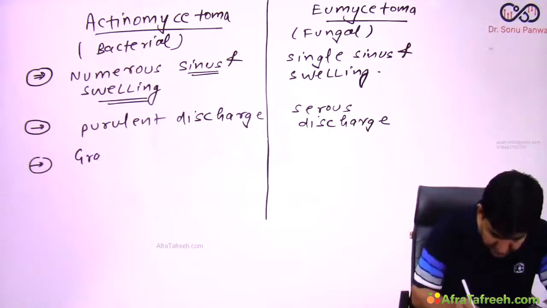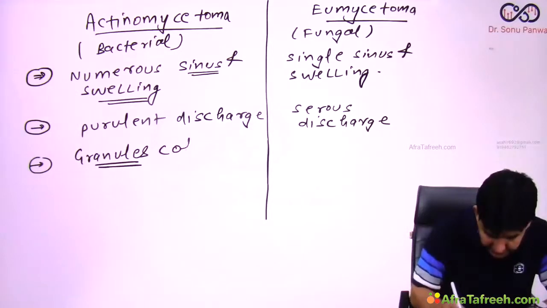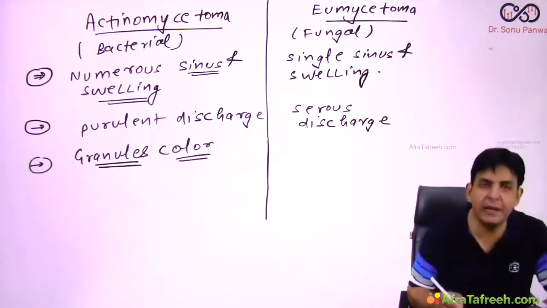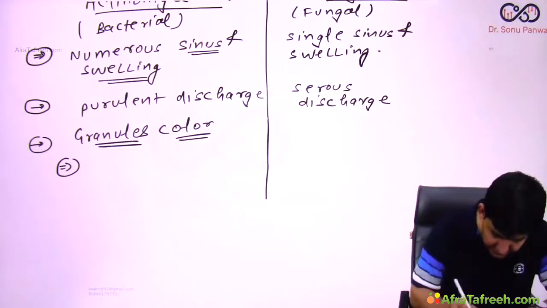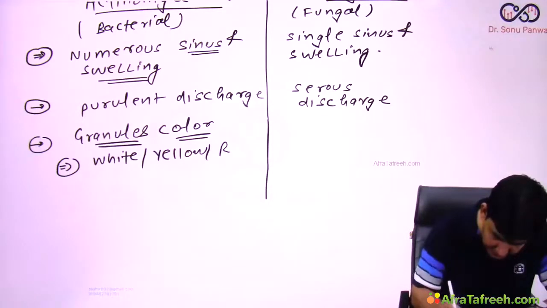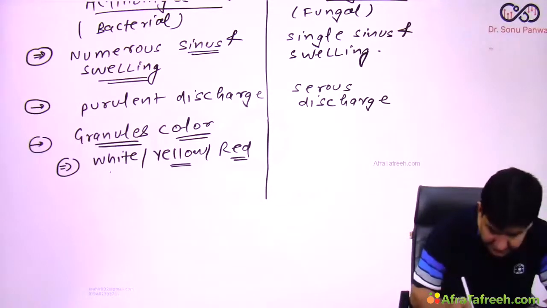The most important thing which comes as a question here is granule color. So remember, in actinomycetoma the color can be white, it can be yellow, and even it can be red.